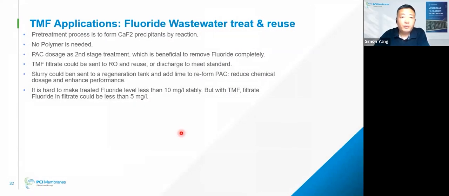And fluoride wastewater treatment and reuse is also similar to the others, except with a different reaction mechanism. For fluoride, the precipitants are normally lime, calcium chloride, and PAC.